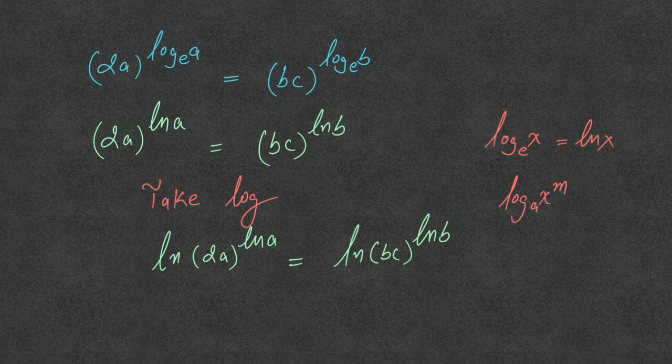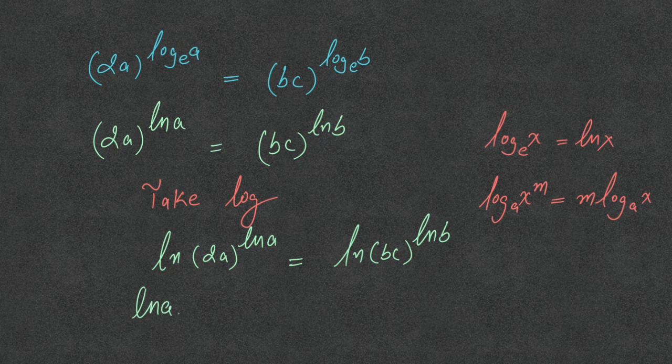Now log of x to the power m with any base is equal to m log of x. Using this, the equation becomes log of a into log of 2a is equal to log of b into log of bc.